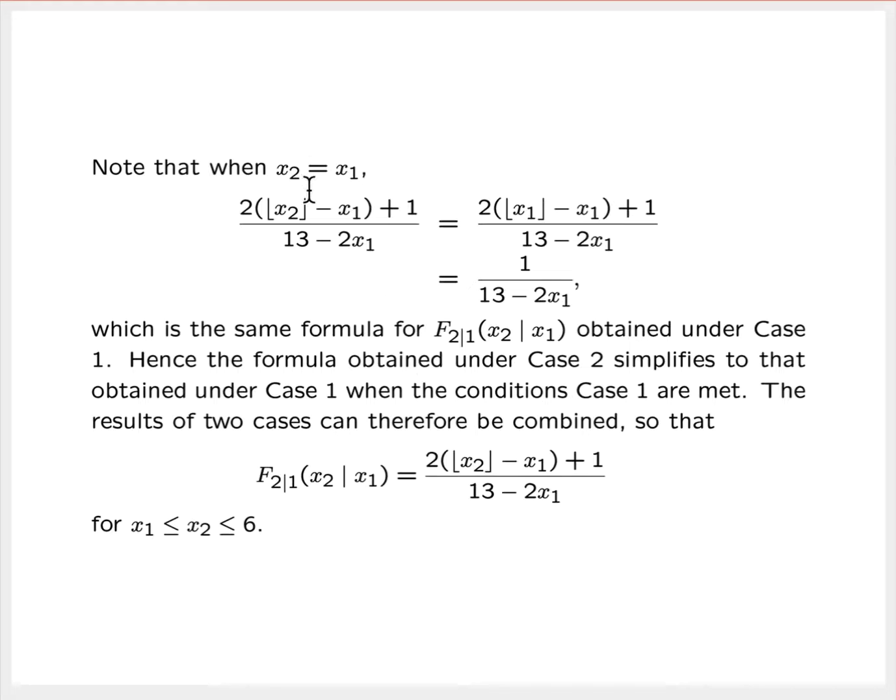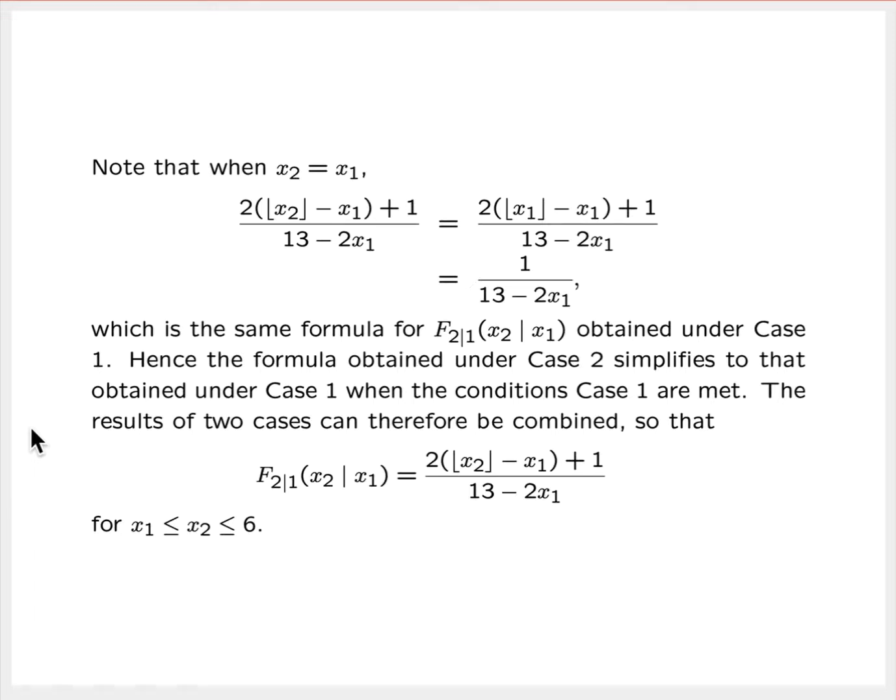Now, when x2 is equal to x1, then this simplifies to 1 over 13 minus 2 times x1, which is the same formula for the conditional PMF of x2 given x1 obtained under case 1. Hence, the formula obtained under case 2 simplifies to that obtained under case 1 when the conditions of case 1 are met.